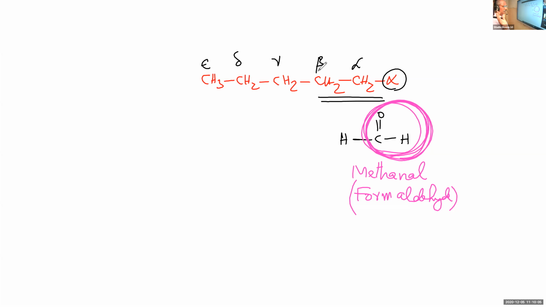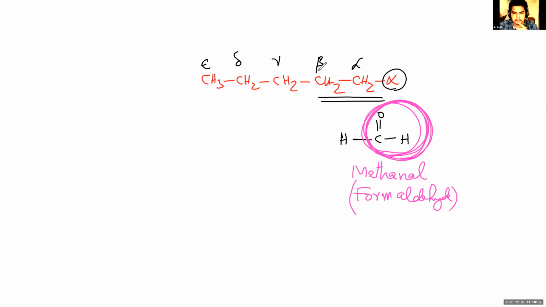Then the carbon atom to which the functional group is directly linked, that is alpha carbon. Now you say whether there is any alpha carbon or not in this. No, sir. There is no alpha carbon.